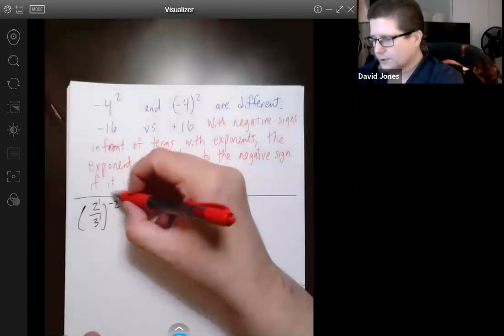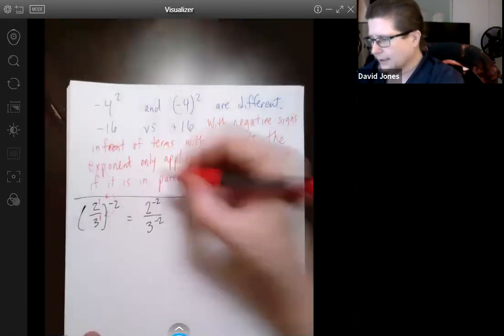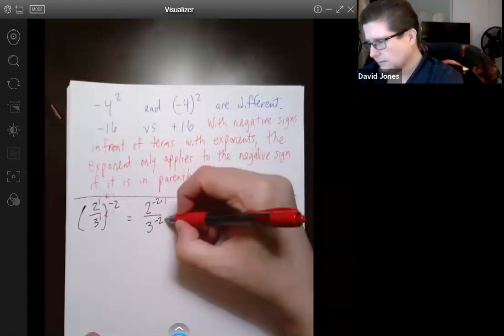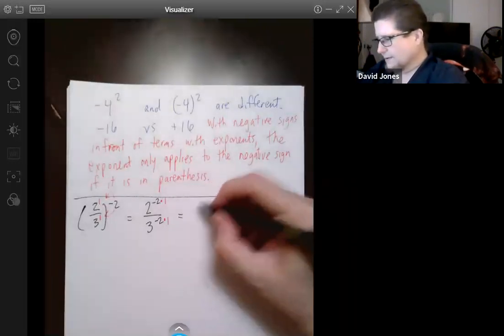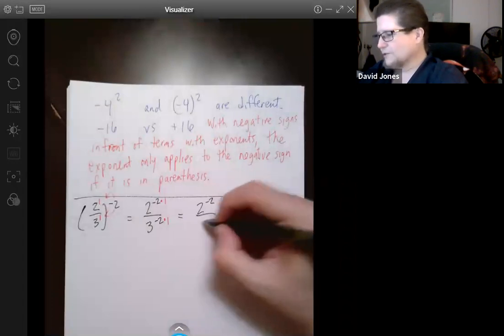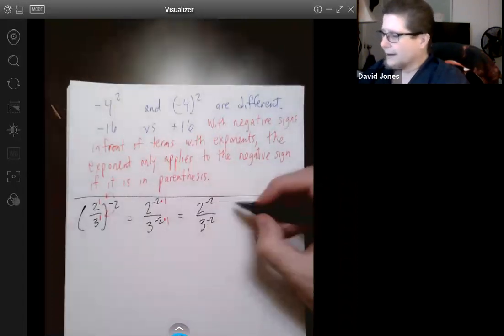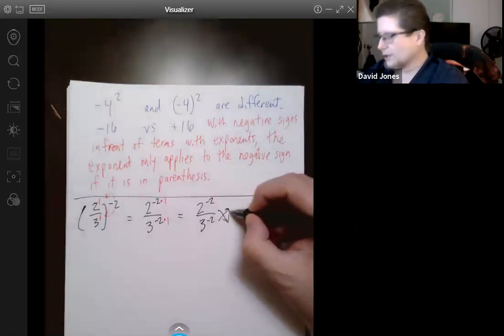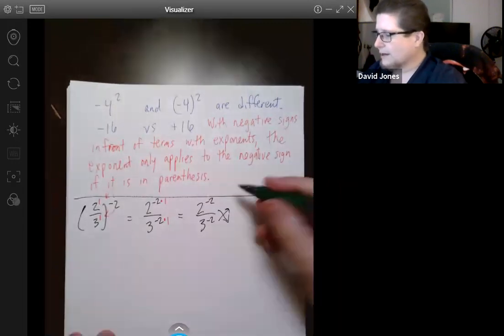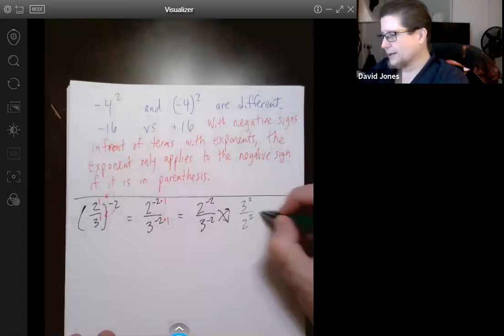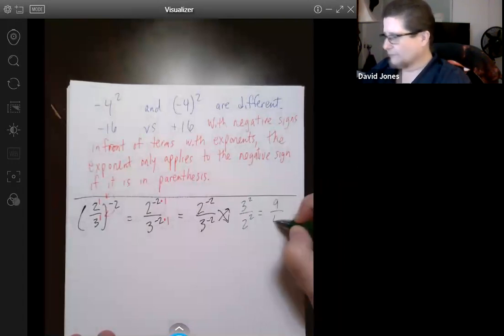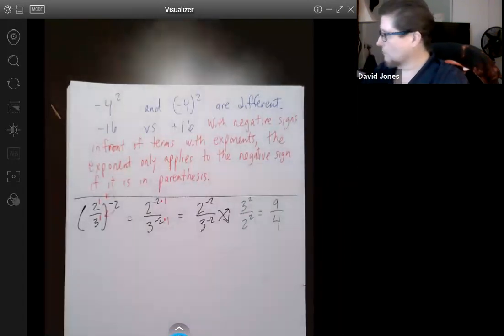And when we distribute the exponent, we multiply it. And this is still 2 to the -2 over 3 to the -2. Now our negative exponents are going to make us flip which side they're on. This will be 3 squared, this will be 2 squared, and this ends up being 9 over 4. Okay?